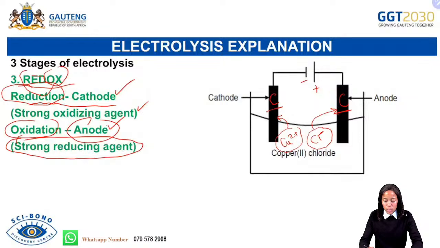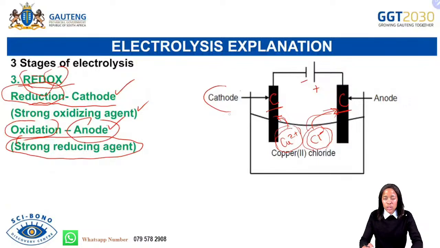So this is now what we are going to do. We are therefore going to say that because the chloride ion has migrated to the anode, it therefore means that that is where we are going to have the oxidation half reaction. And because the Cu2+ ion has migrated to the cathode, that is where we are going to have the reduction half reaction, okay?